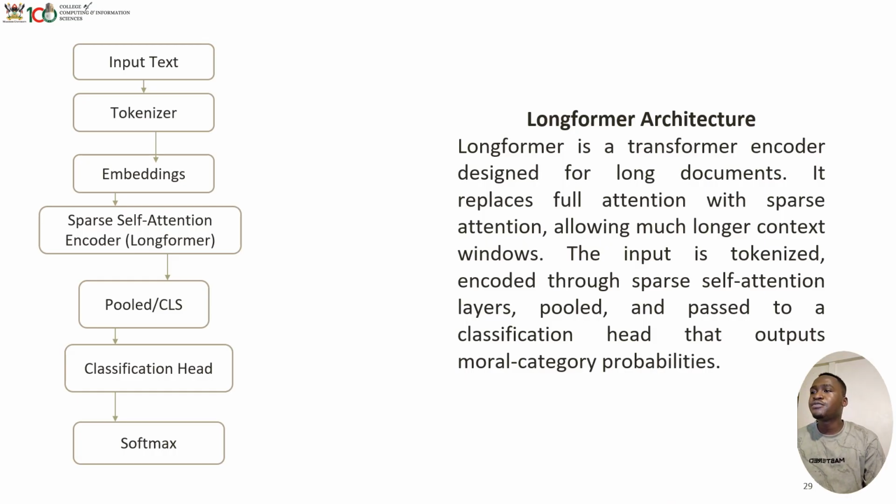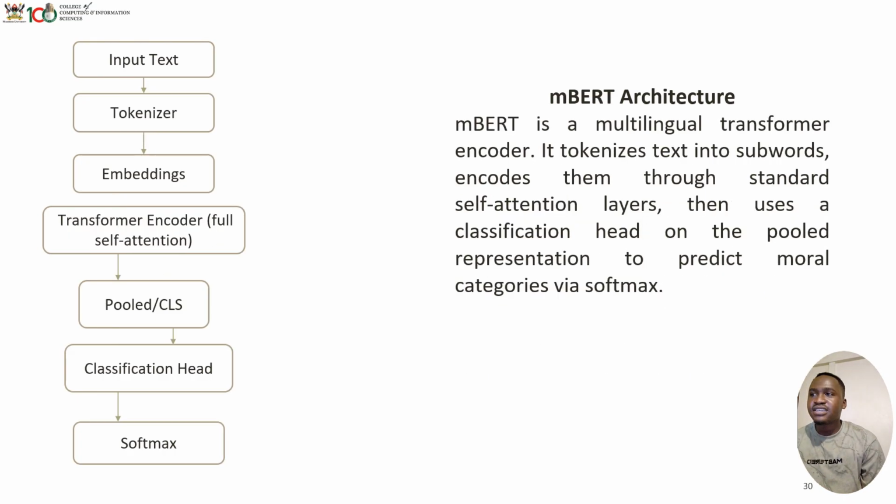It replaces full attention with sparse attention, allowing much longer context windows. The input is tokenized, encoded through the sparse self-attention layers, pooled, and then passed to a classification head that outputs the moral category probability.